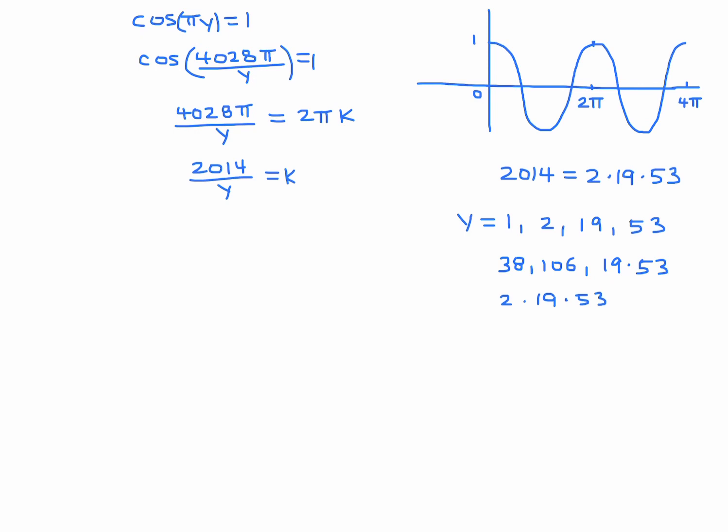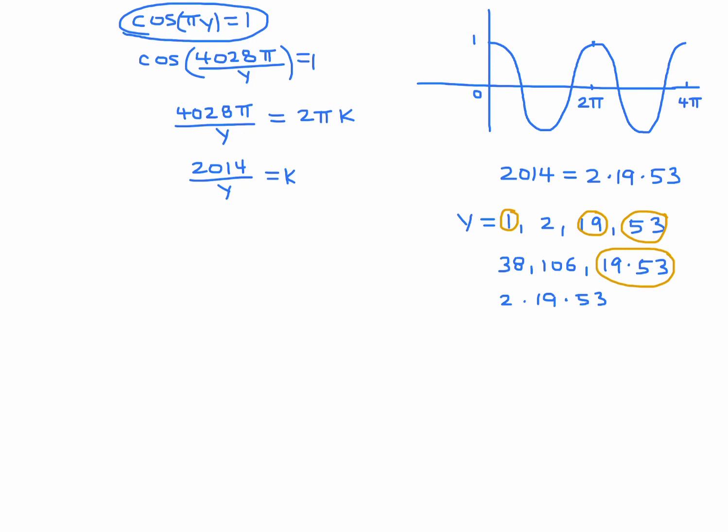But the problem is that we have to ensure that this also matches. For 1, 19, 53, and 19 times 53, if you were to sub it into this guy here, it actually gives you a value of -1 if you were to do cos of pi y for those values of y.